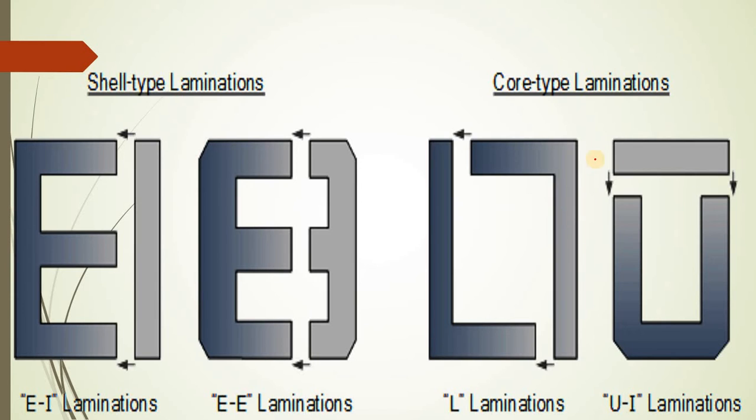In the case of a core type transformer, the laminations are LL laminations or UI laminations. So this is L shape, and this is U shape and I shape lamination. Here it is L and L, here it is U and I, here it is E and E, and here it is E and I. So these are the different laminations used while making the core.